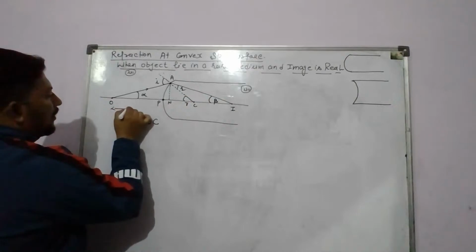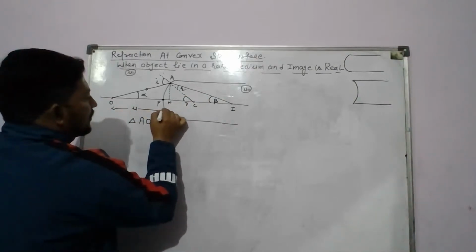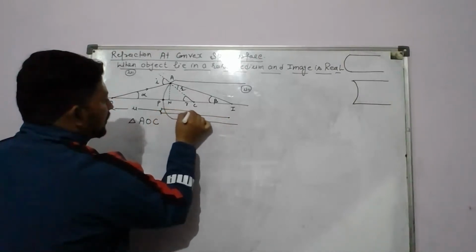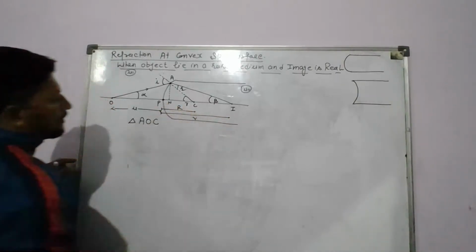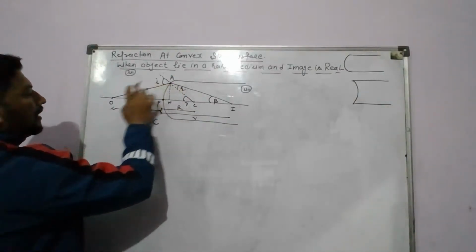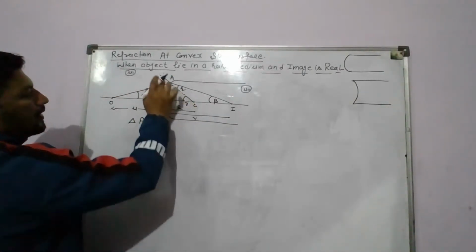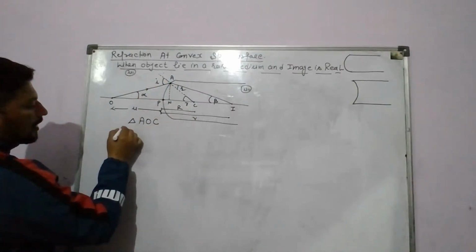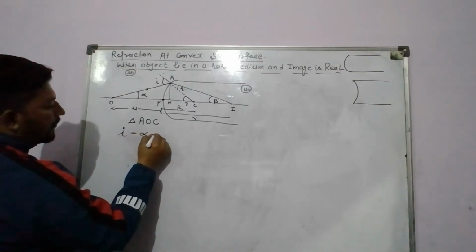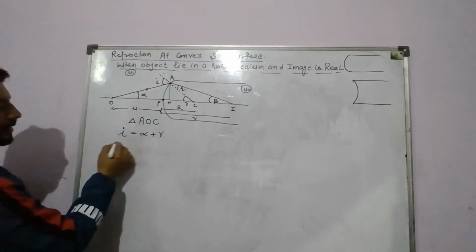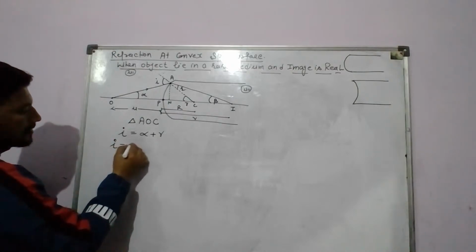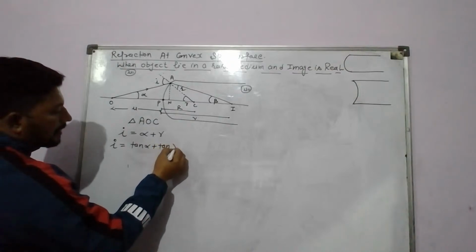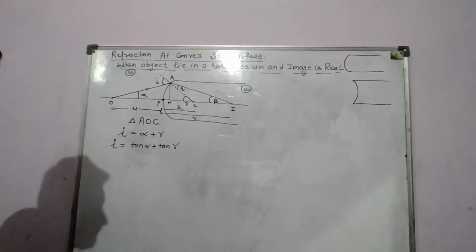This is your object distance U, this is your image distance V, and this is your radius of curvature R. In AOC, angle I is the exterior angle, and alpha and gamma are the interior angles. So I is equal to alpha plus gamma. Taking tangent, I is equal to tan alpha plus tan gamma.